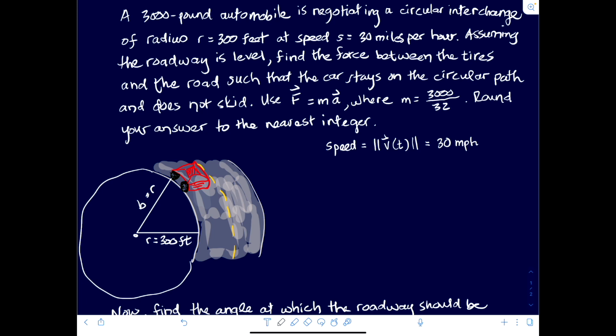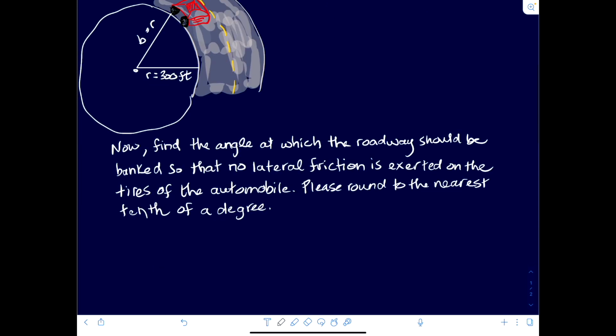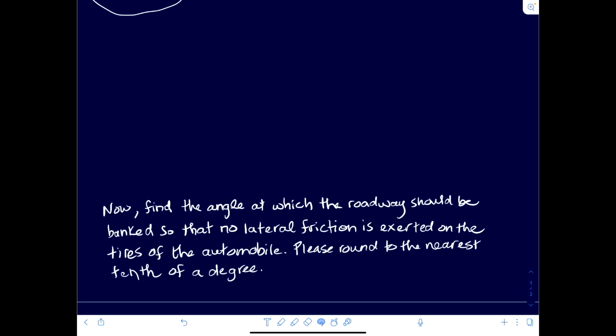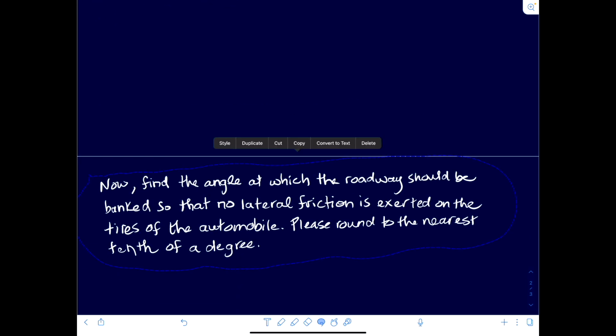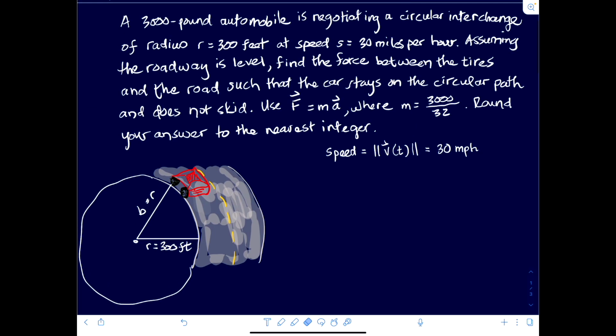All right, but we have our radius in feet. So one thing we may want to do is figure out what 30 miles per hour is. Sorry, this is another part of the problem. We'll move this down. Let's get our 30 miles per hour in terms of feet.